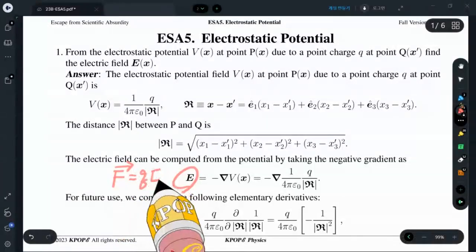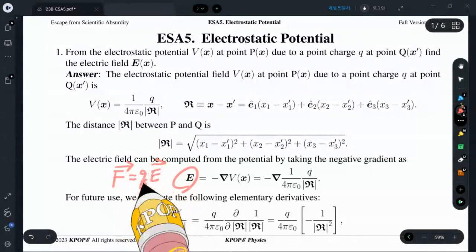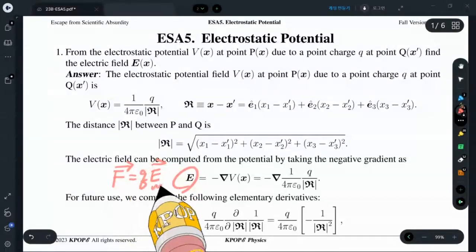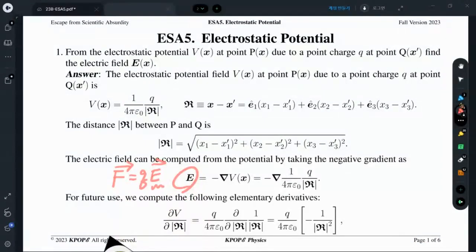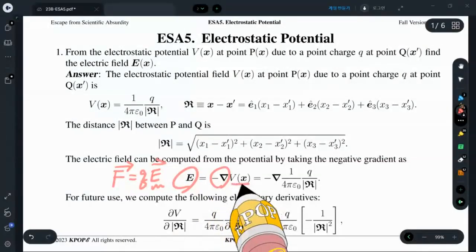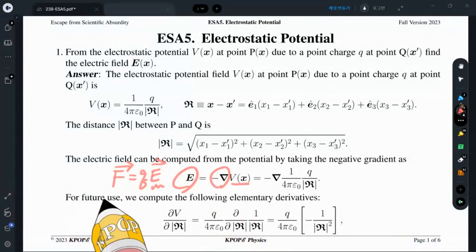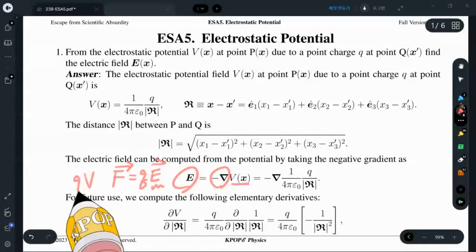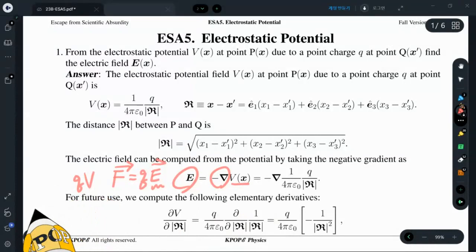So the effect of the test charge has been factored out, and this electric field is assumed to have the information of the charge distribution surrounding the test charge. So in that case, the electric field is obtained by taking the minus derivative of the potential. Sure, the potential multiplied by charge will be the potential energy.